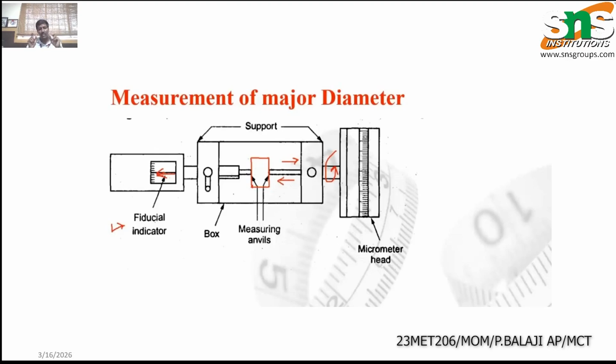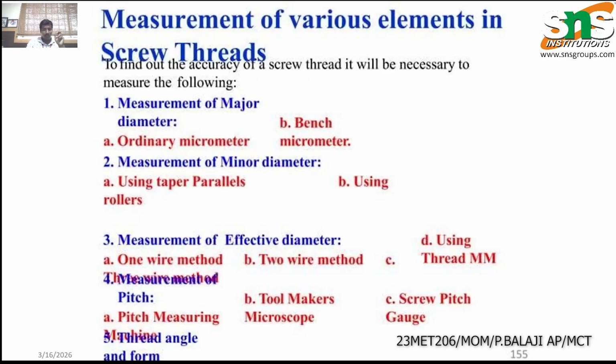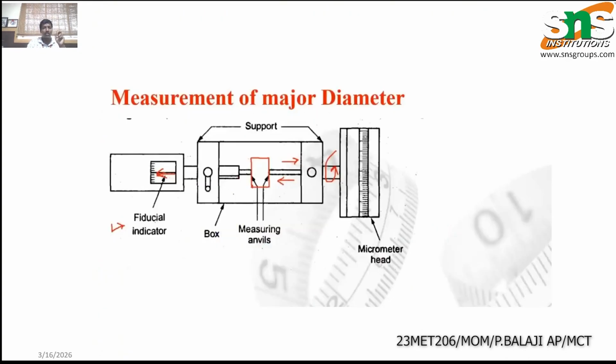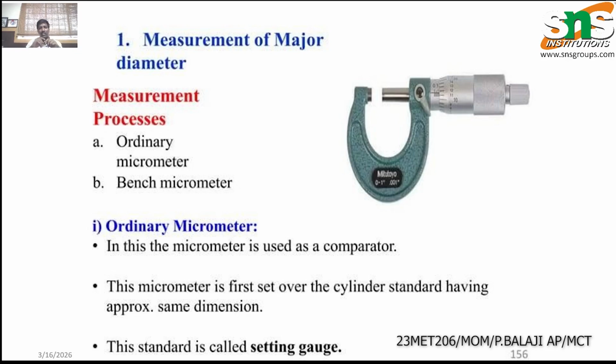So that way we can measure the major diameter. We also have an ordinary micrometer available, which you can see on the screen. In this ordinary micrometer, we fix the two thread endpoints, which we call the two crest endpoints, in the two internal fixed parts of the micrometer.